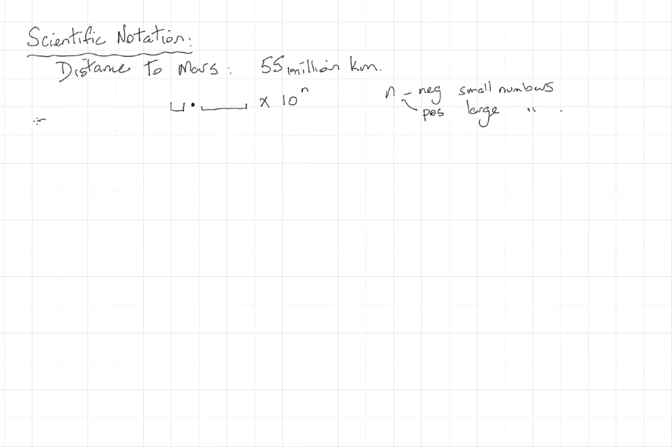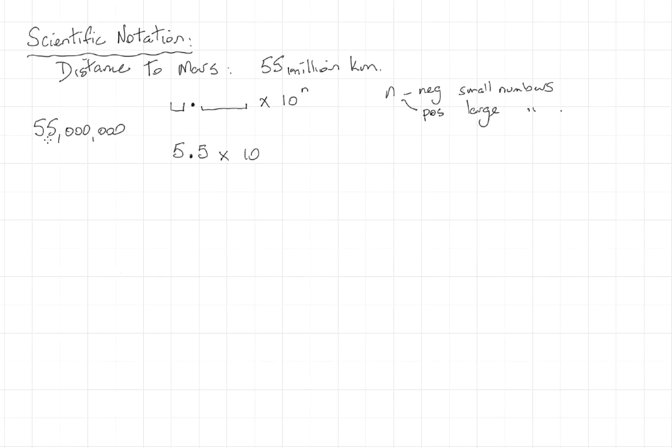So our 55 million, which will have 6 zeros, how could we write that in scientific notation? Well, it's got to be a single digit, and then there's only one digit after that, which will go on that side, times 10 to some power. Now, how do we work out how many powers? If it was 5.5, how many decimal places do we have to go to get to there?